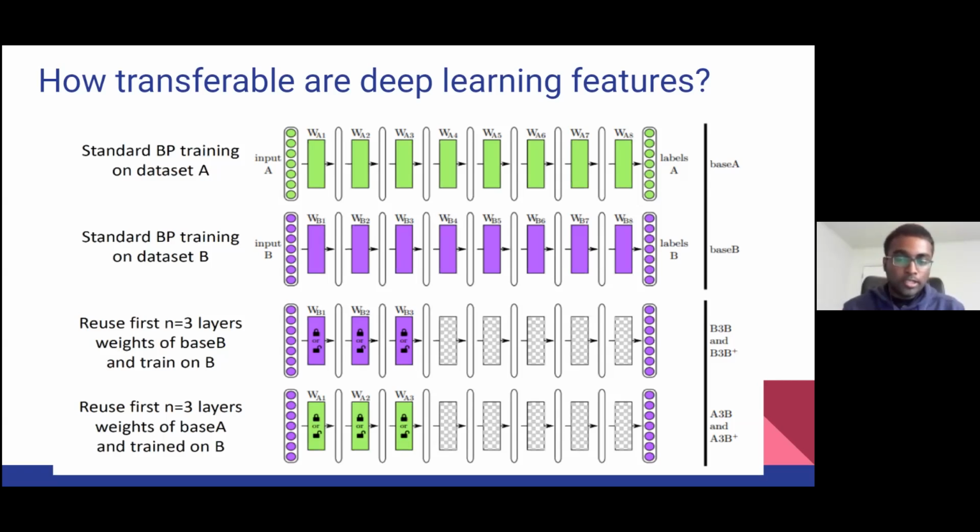the 2 adjacent layers learn features by interacting with each other, and this is not possible when you freeze the weights. That is, if n is equal to 3 and these 3 layers are frozen, and we are just training from layer 4 till the end, the interaction between layers 3 and 4 is not possible.